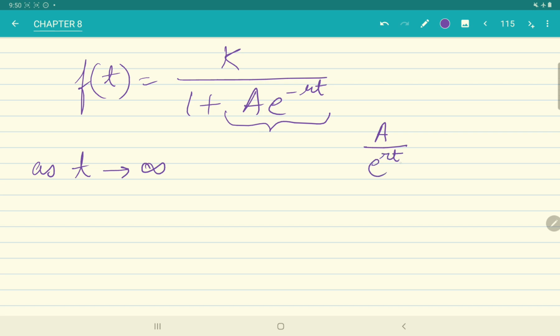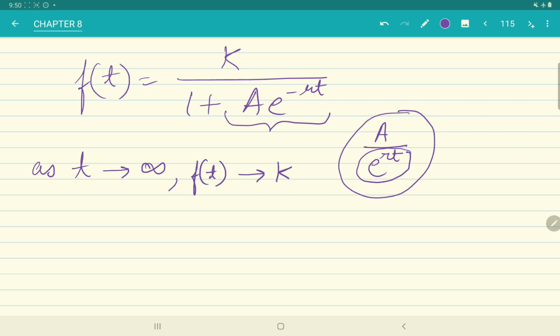If t tends to infinity, this tends to infinity, and a is greater than 0, so this expression tends to 0. That means the denominator tends to 1. And that just means that f of t tends to k.